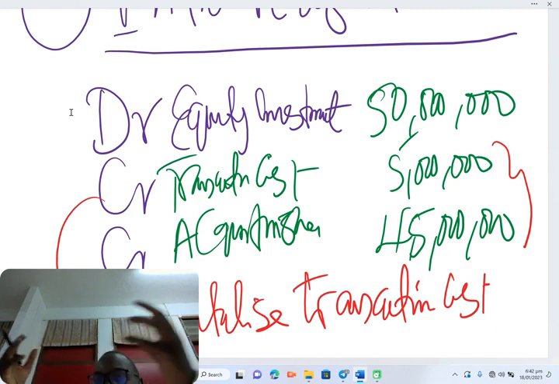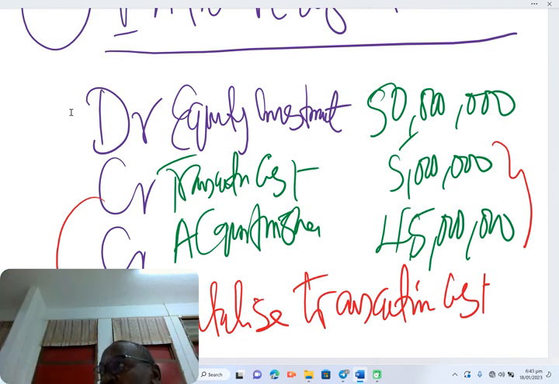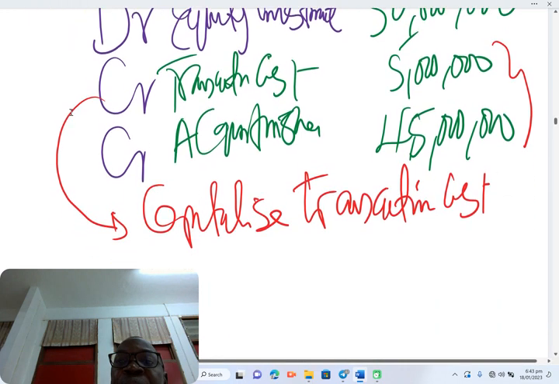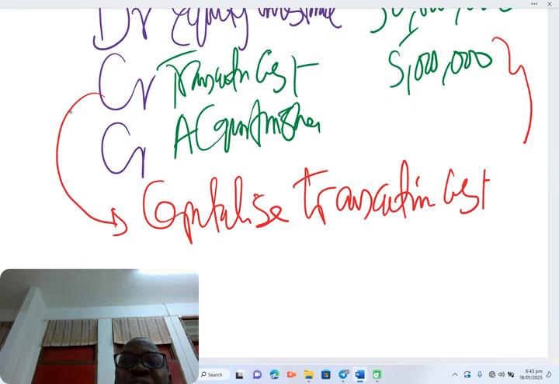So in having an investment in equity, you must pay transaction cost and you must pay acquisition of share at a nominal value. So we capitalize transaction cost into equity investment. But the previous one, we didn't capitalize the transaction cost because IPSAS 29 does not permit an option of having strategic shares. 455.